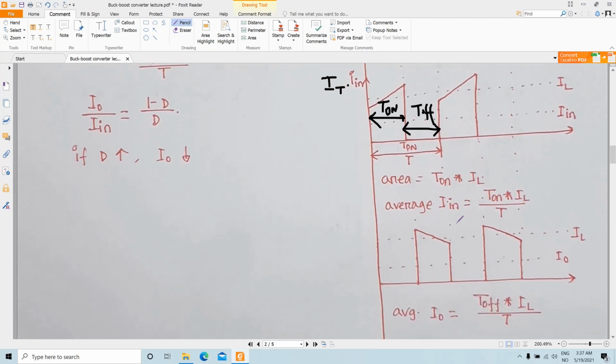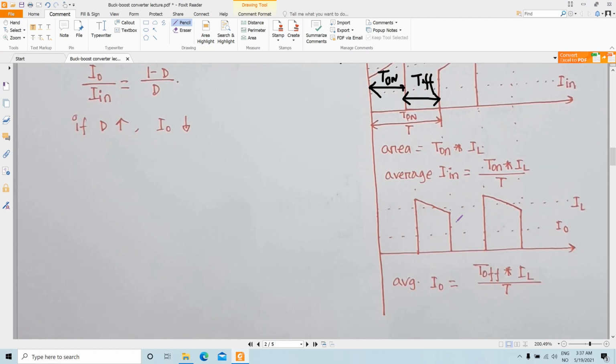In the same way, you can derive the average output current from the diode current equation. This is our diode current, ID. So the average output current is basically the time T off multiplied by IL divided by T. This is obvious because if the duration of T off is reduced, that will reduce your I out.